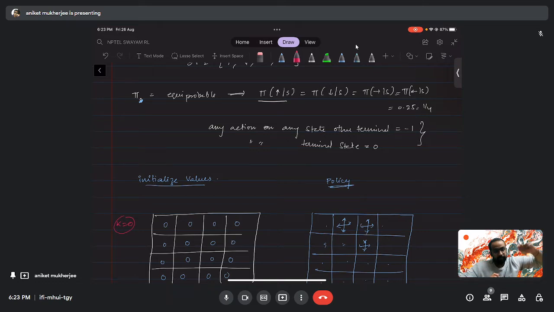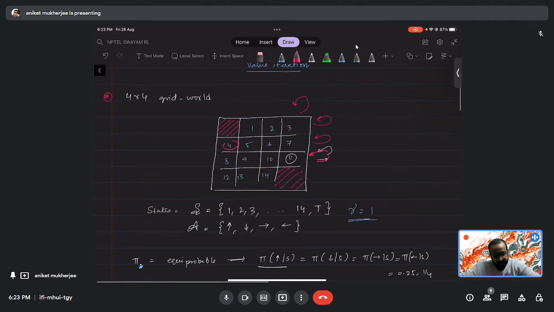But once you reach the terminal state, any action you take, you'll always stay in the terminal state only, and the reward will be 0.